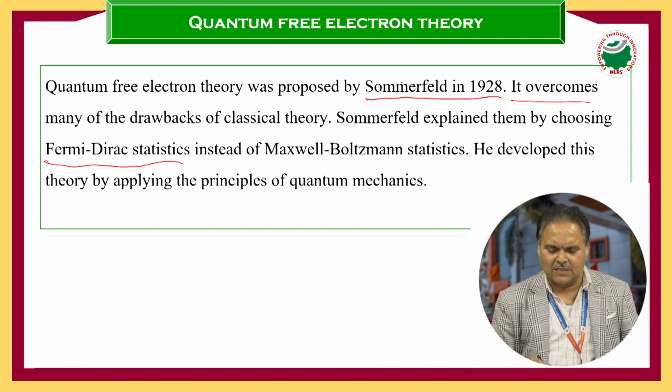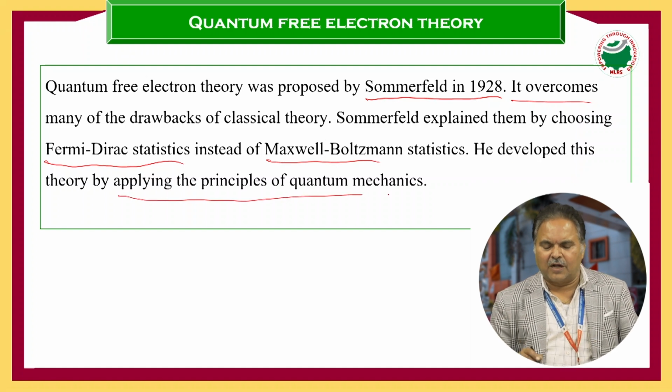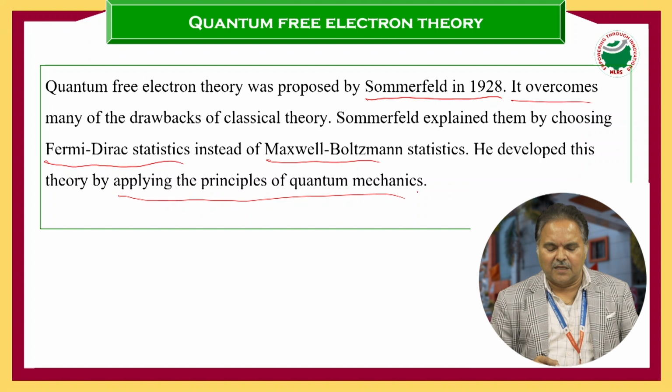Whereas in classical theory it is Maxwell-Boltzmann statistics. This theory was developed applying the principles of quantum mechanics, whereas the earlier theory, that is the Drude and Lorentz theory, explained most of the properties applying the principles of classical mechanics. Here it will be quantum mechanics.